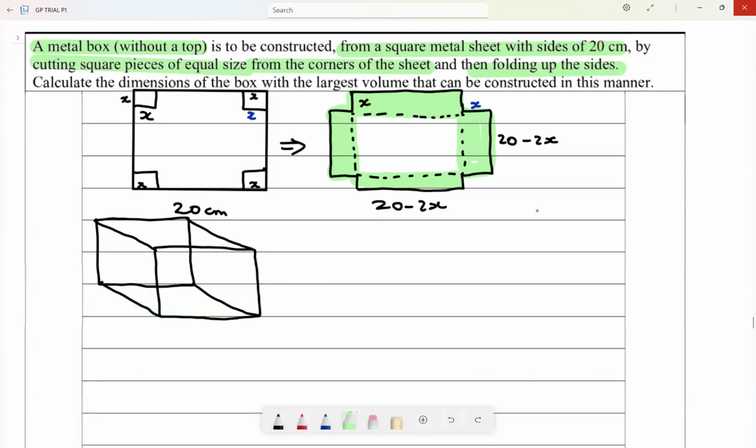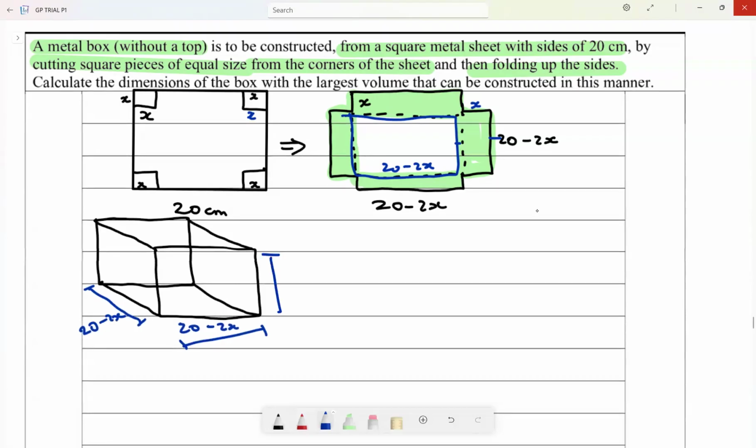And I already know that the length of the folded part has the length of how much? Remember, this and this are equal. So it's just going to be 20 minus 2x. Dimension of 20 minus 2x by 20 minus 2x, because this one is also 20 minus 2x, so also this side. So it is a 20 minus 2x by 20 minus 2x box.